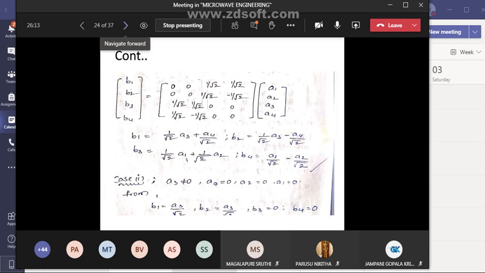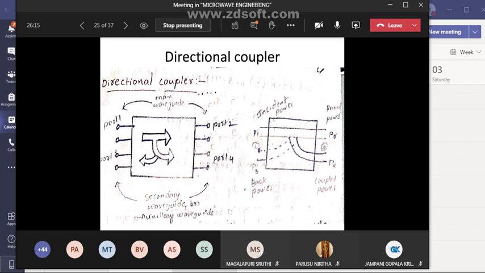So once again we will see what is a directional coupler. A directional coupler is a 4-port waveguide junction. To measure incident power, reflected power and SWR values, we are using this directional coupler, right?